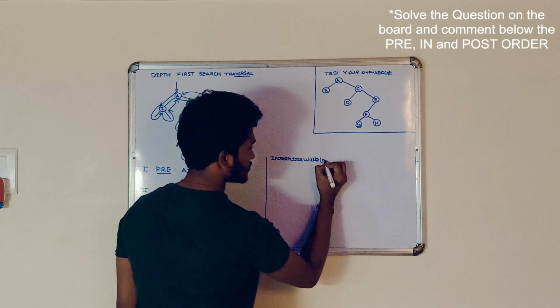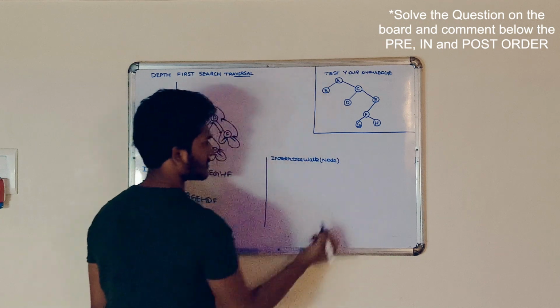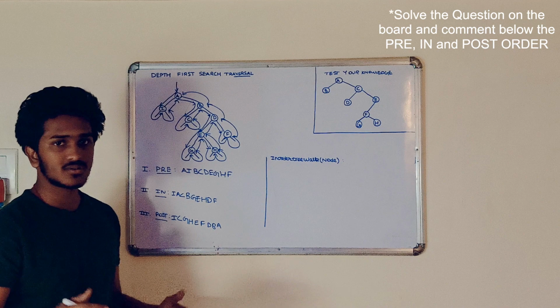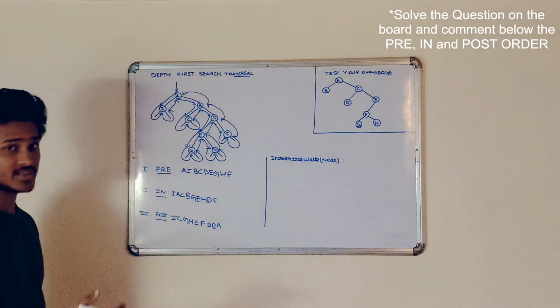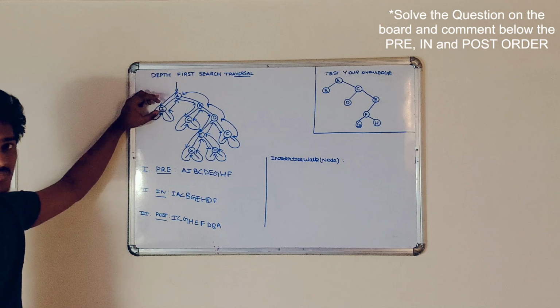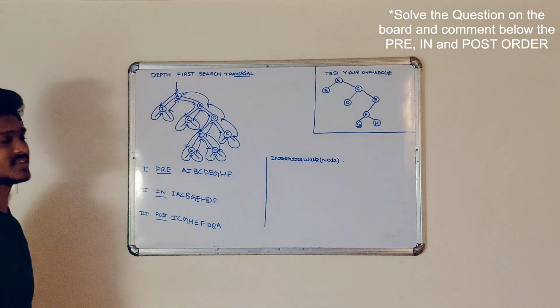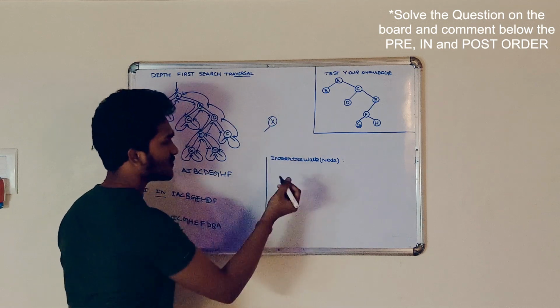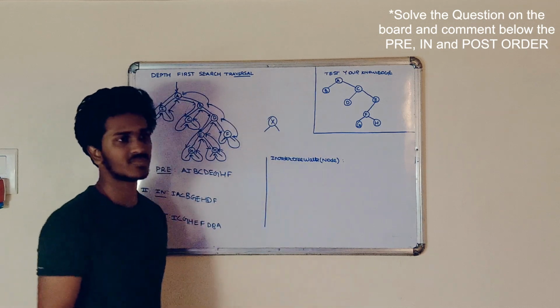And we have a node. Now we need to check a condition. What is the condition? The condition being if there is a leaf node, or if a node, let's say X, does not have any of its subtree.